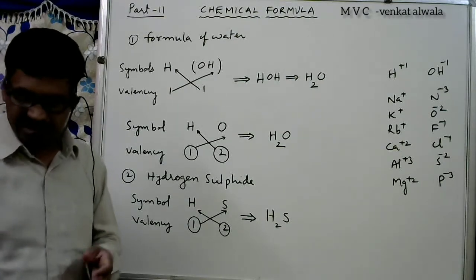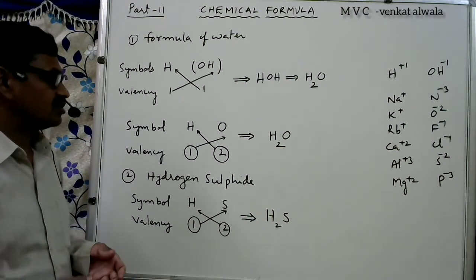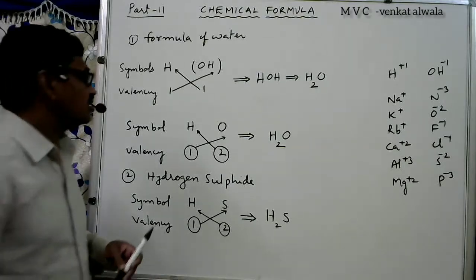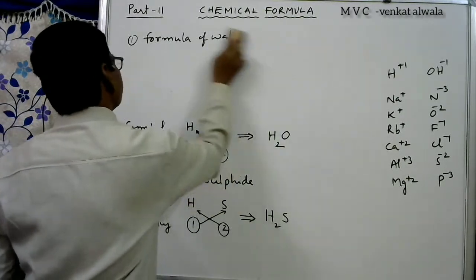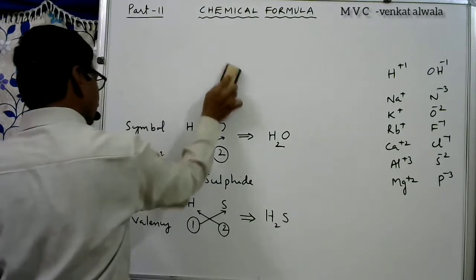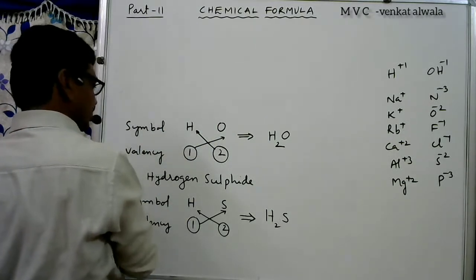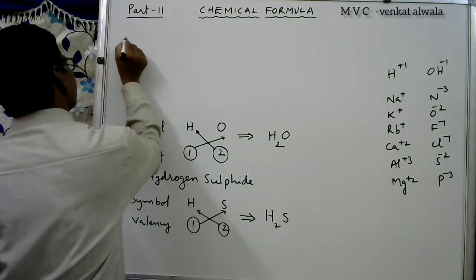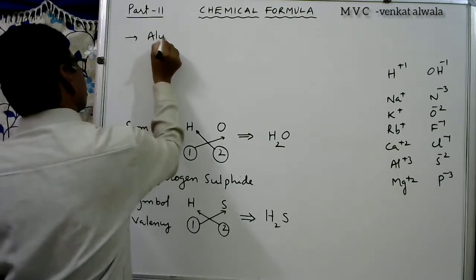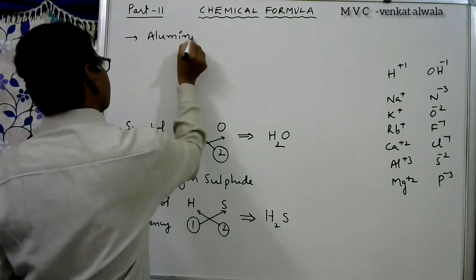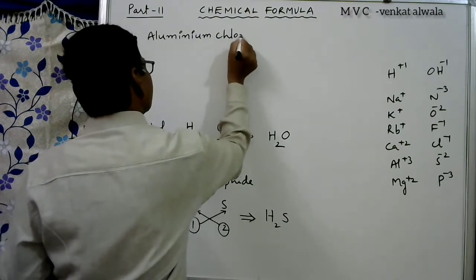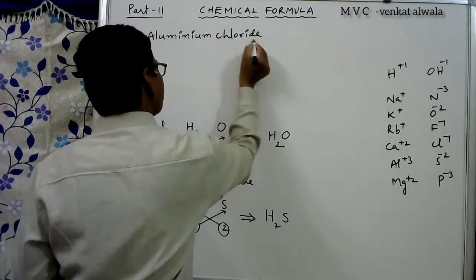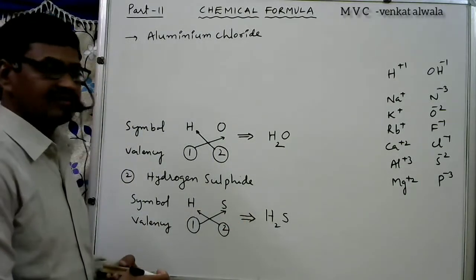Similarly we can write different other formulas. See here, I am taking aluminum chloride. I am writing the formula of aluminum chloride here. Aluminum, -ium; chloride, -ide, means chlorine, a simple ion.